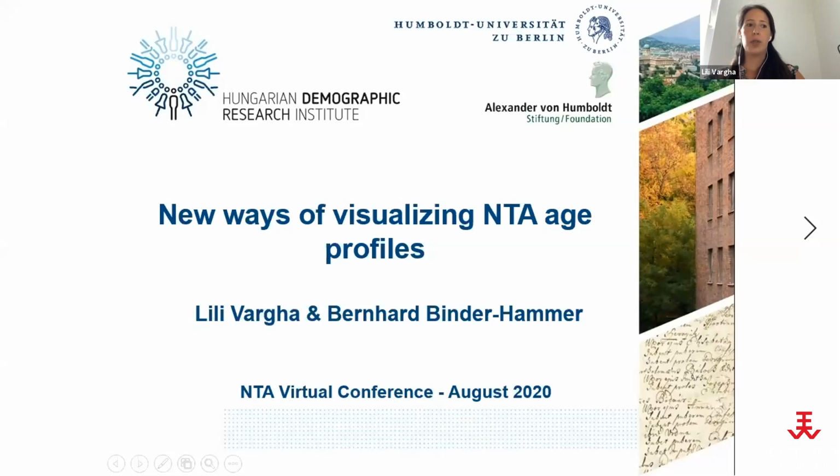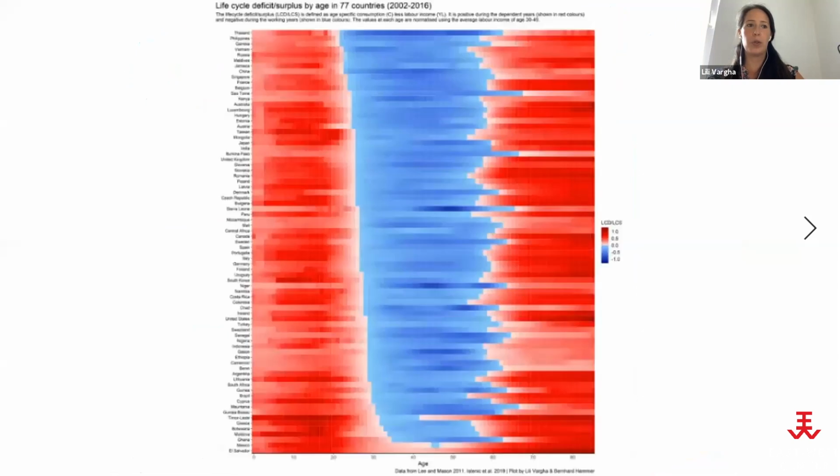Usually we use line graphs, but those are not really good to show the differences. Or we can use many panels, but those are not really good either. Or we can use endless tables about results, but that's probably even worse. So we wanted to come up with a solution, and this is what we came up with.